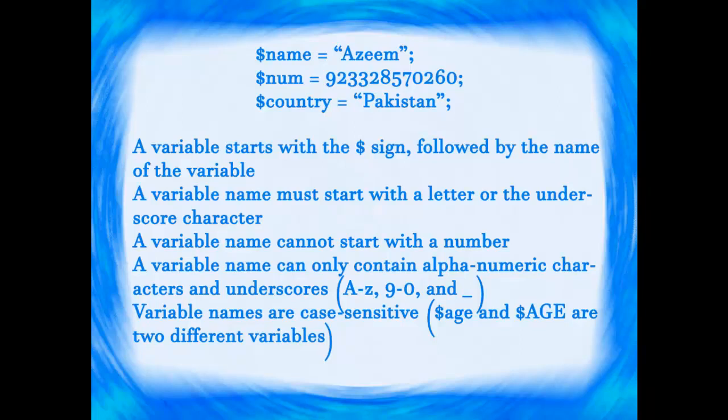A variable name cannot start with a number. A variable name can only contain alphanumeric characters and underscores, like A to Z, 0 to 9 and underscore. Variable names are case sensitive, like $age and $AGE are two different variables here.